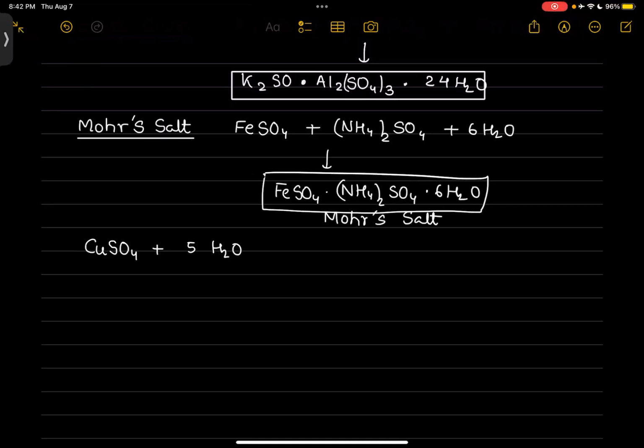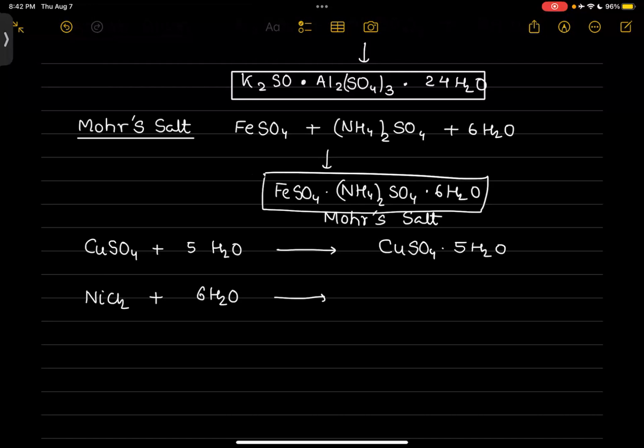Anhydrous means it is without water. It doesn't have water in it. That is white color. And when you add 5 moles of water, what happens? It becomes blue color. Got it? Is it clear?